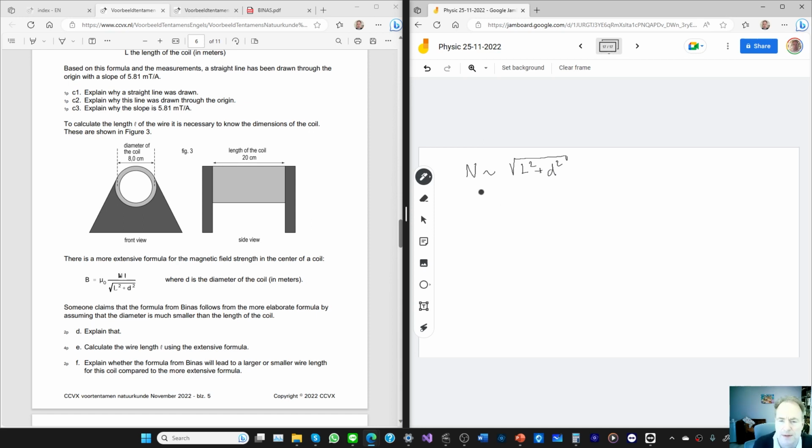So in this pancake formula, we ignore D. So n will be smaller, and the length estimation will be smaller too.